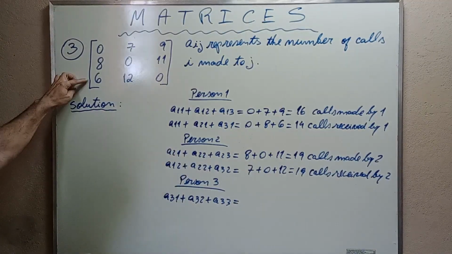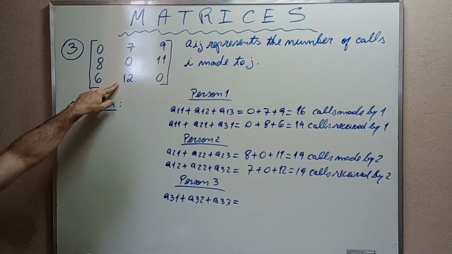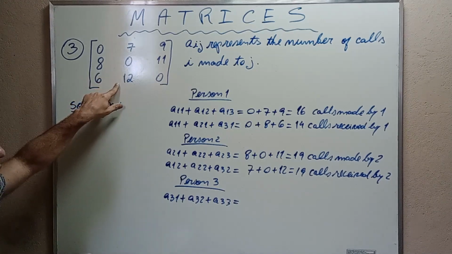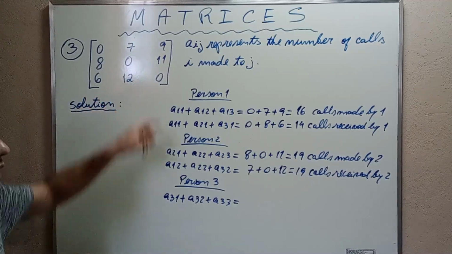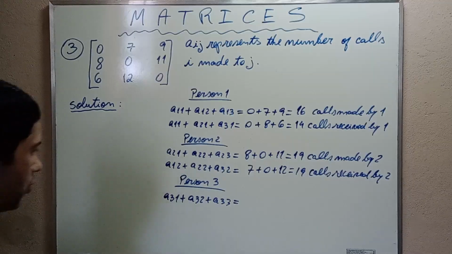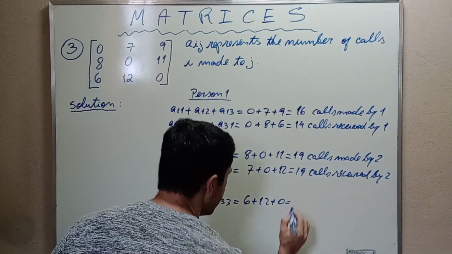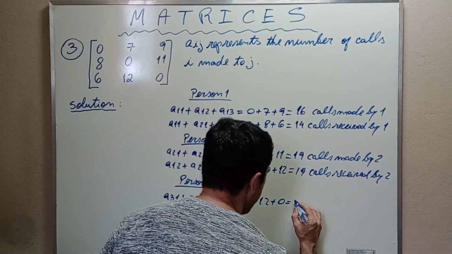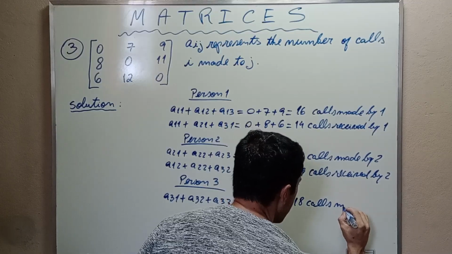A31 is this number of phone calls made by 3 to person 1. A32, the number of phone calls made by person 3 to person 2. And 0 because you cannot call yourself. Alright? Then it is equal to 6 plus 12 plus 0, and this is equal to 18 calls made by 3.